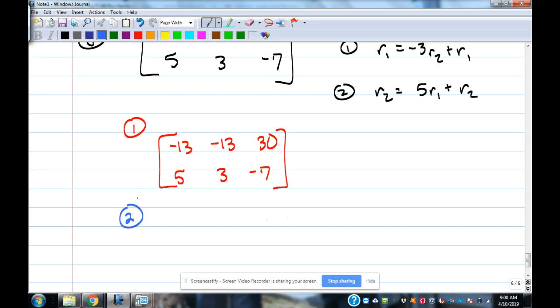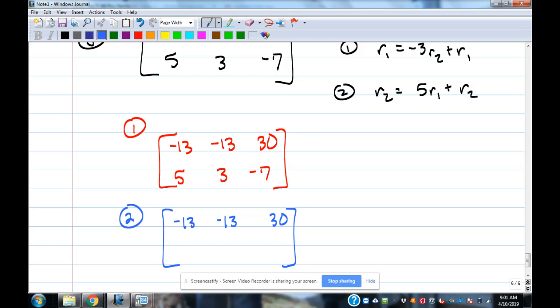Operation number 2, what's the only one that's changing? Row 2. So I'm going to copy down my row 1, and then do the work after that. You don't have to do it that way, but it sure does keep me from screwing things up.